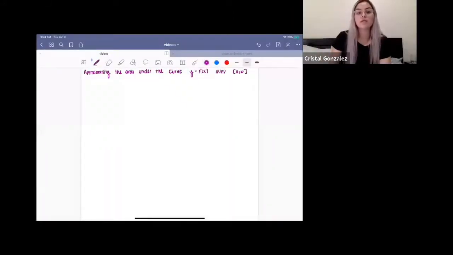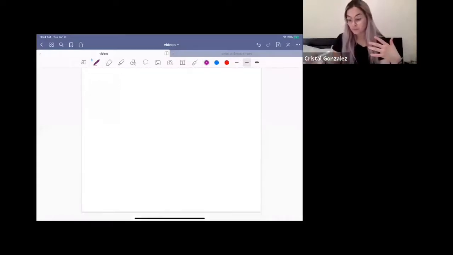Okay, so what we want to do now is, in the last example, I gave you an idea of how we can figure out the area under the curve over an interval. And the idea was that we break the function up into smaller intervals, and then we make a rectangle out of them, and we can either use the right endpoints or the left endpoints to approximate the area.